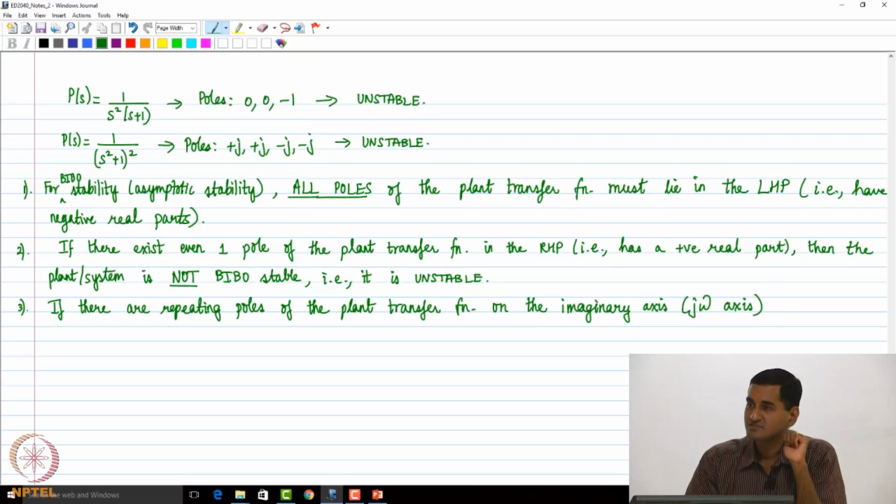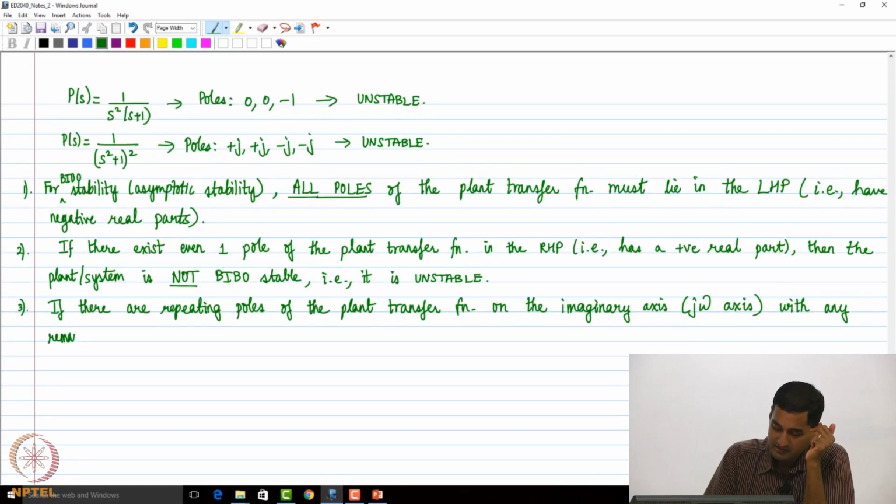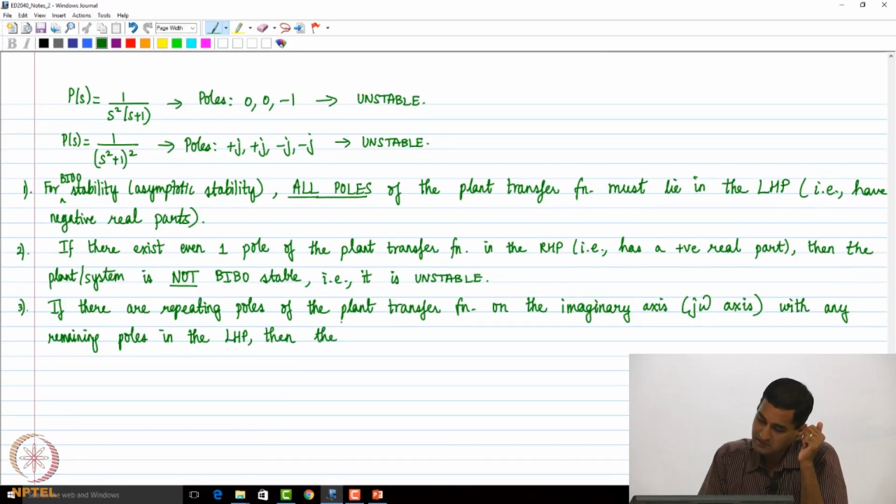Even if there are repeating poles on the j omega axis with all remaining poles in the LHP, the system is not BIBO stable.